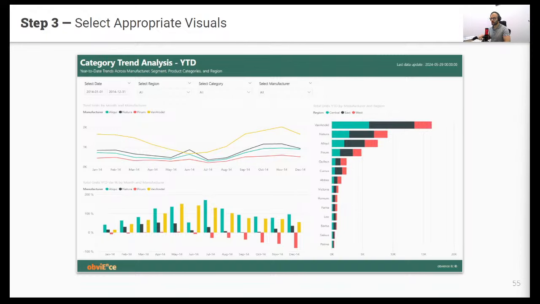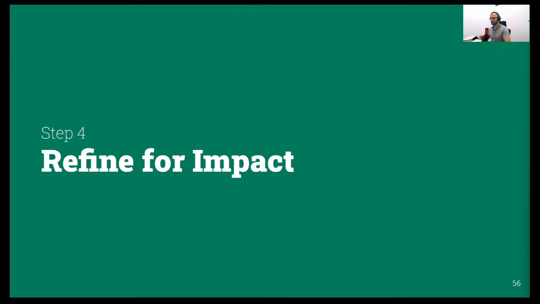So now we have minimized and used the correct types of visuals to show trends over time and be able to filter based on region. So what we want to do next is to refine for impact.